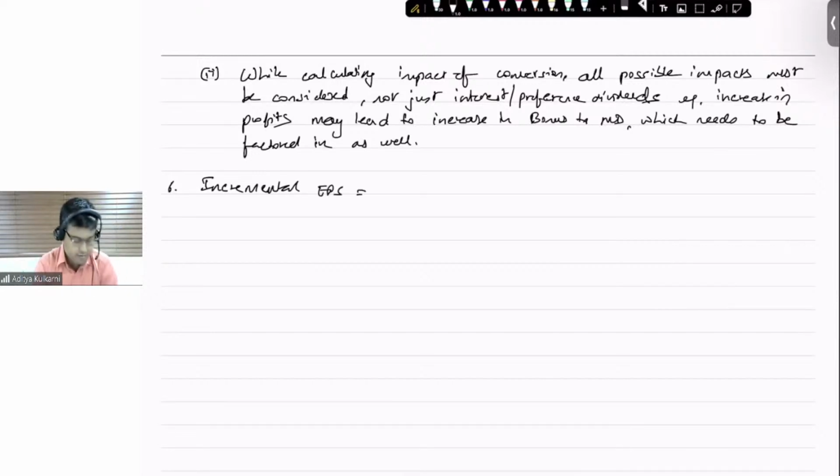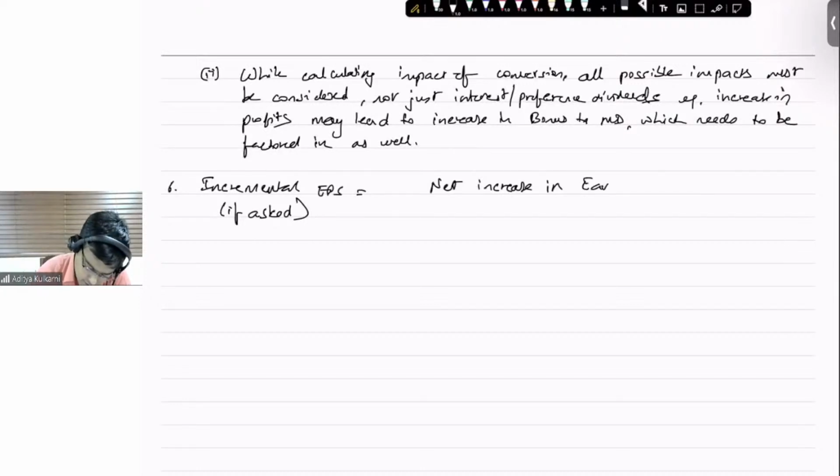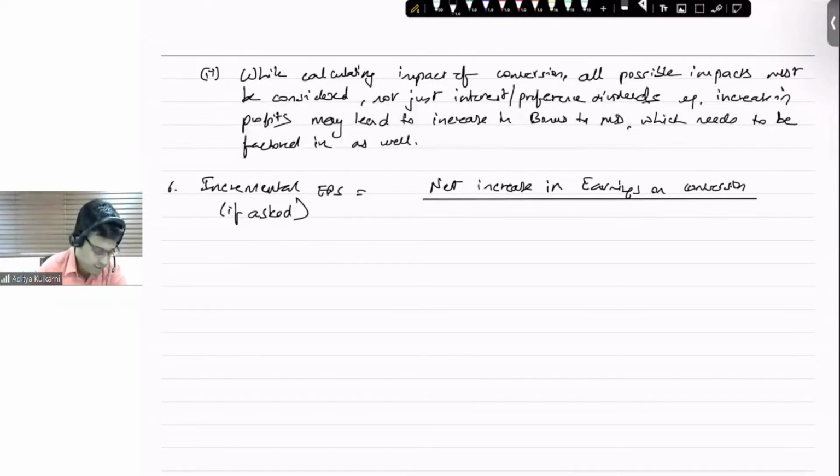Incremental EPS, if asked, is the net increase in earnings on conversion, divided by shares issued on conversion.